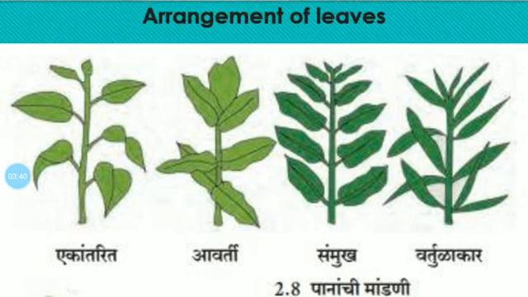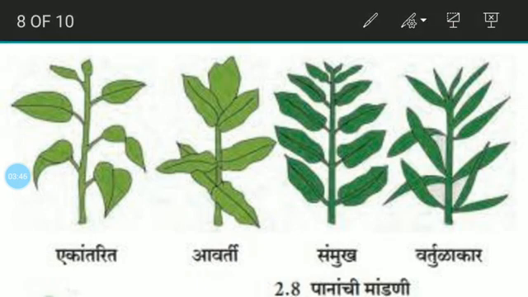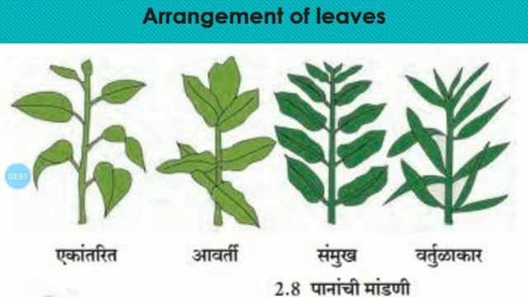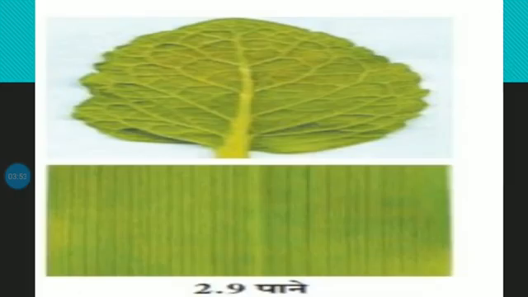Take a peepal leaf and a maize leaf and observe them carefully. Okay, take two different types of leaves. In that, one is of peepal, or like peepal other plant you can also take.